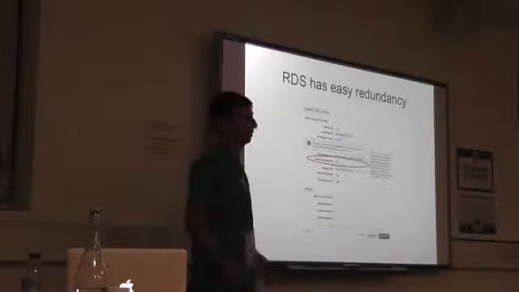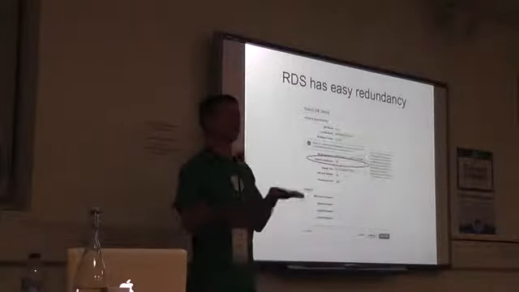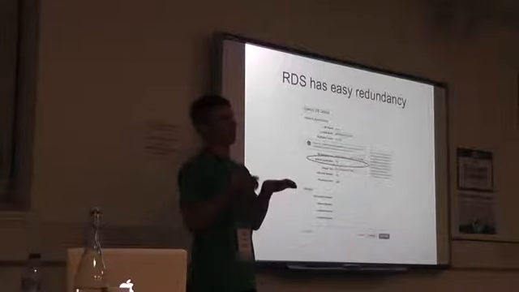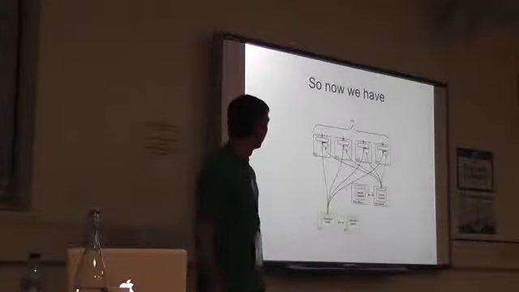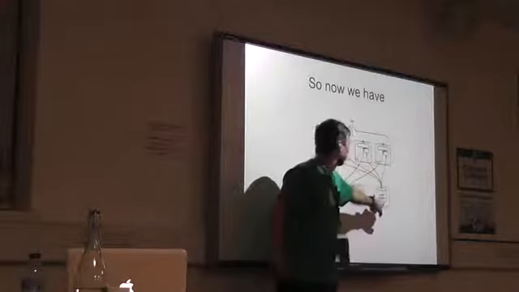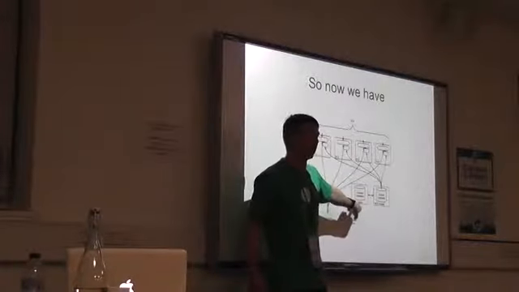I'll define what an AZ is soon. But effectively, what that means is it will fire up a completely new instance of your database, and that will synchronize the data between your master and the replica. So you end up with all Drupal requests going to the master database, but just by ticking that one option, they have a replica database.